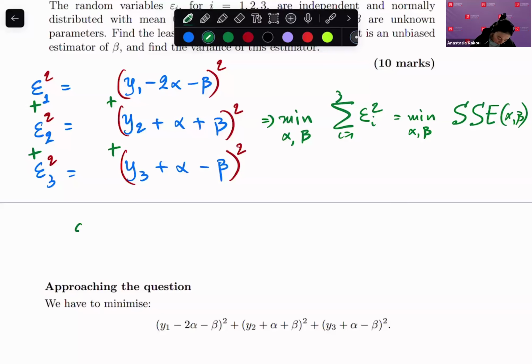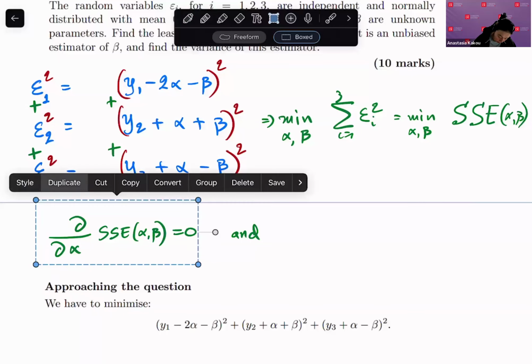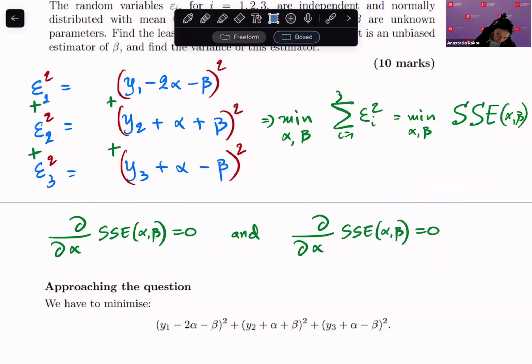Then we have the derivative with respect to A of that sum of squared errors, setting equal to 0, and same thing with respect to B, and solve that system to find A and B.